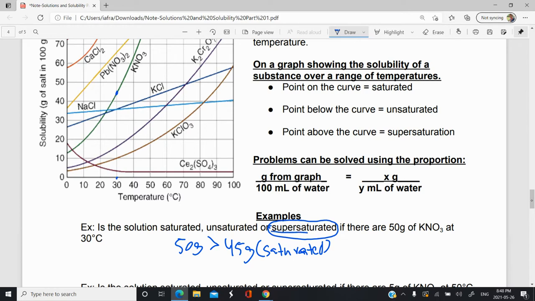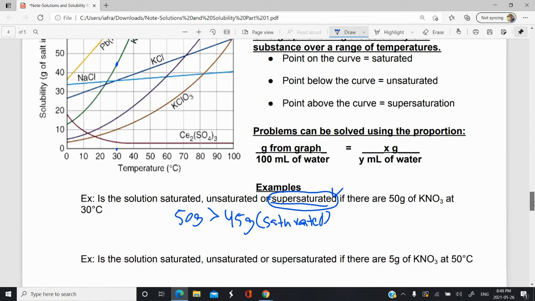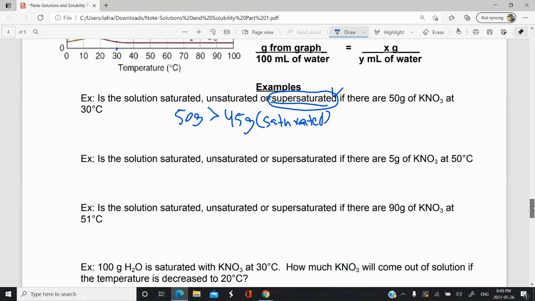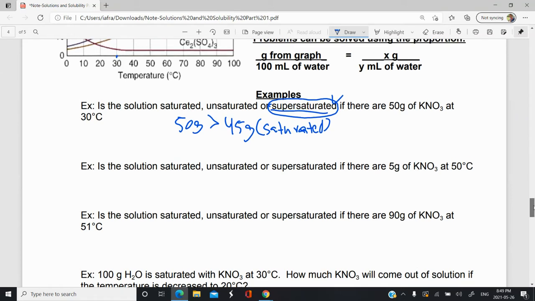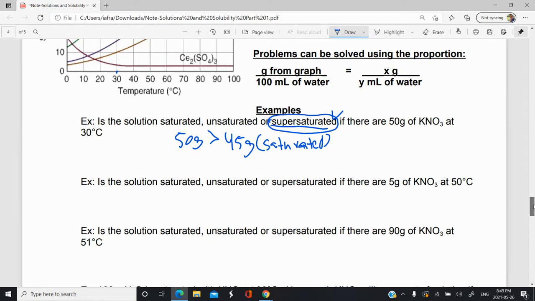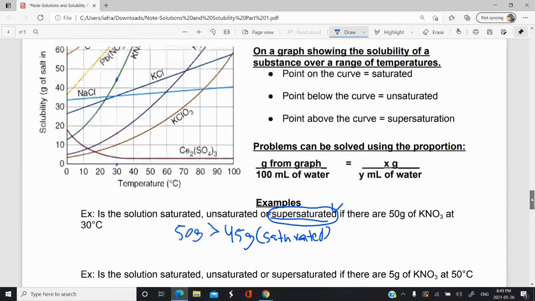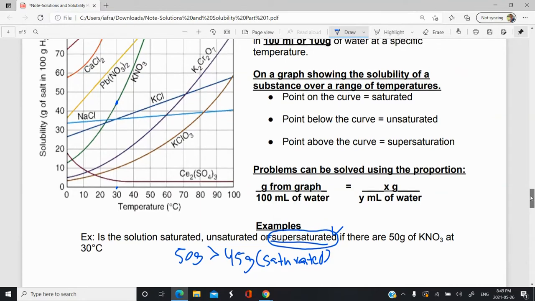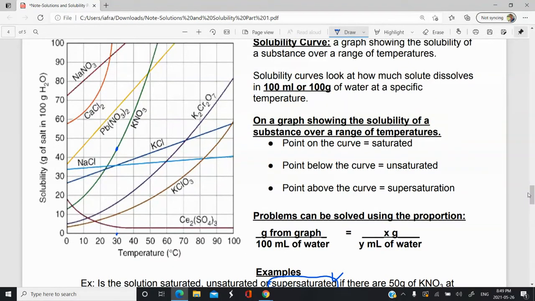It would be a supersaturated solution. You can try the next one and pause it yourself. Is the solution saturated, unsaturated, or supersaturated if 5 grams of KNO3 are dissolved at 50 degrees? So again, you would look for your temperature, and you would try to find the curve for KNO3, which is about over here.